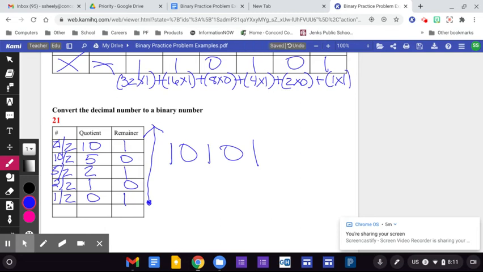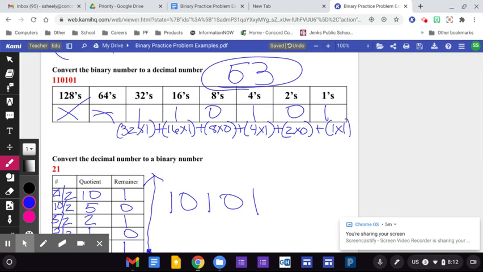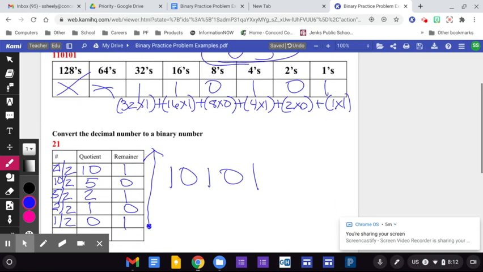Now, just for your information, if you want to double check your work here, to make sure you're getting it right, what I would recommend is using this little chart. So we know that this is in the ones column. We know this is in the twos column, fours, eights, and 16s.